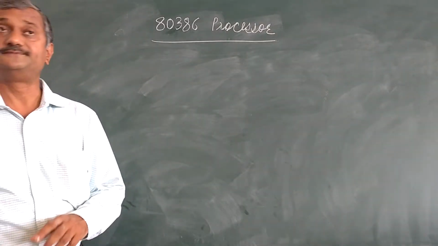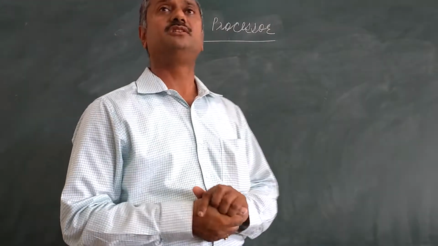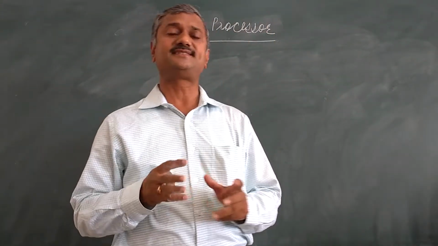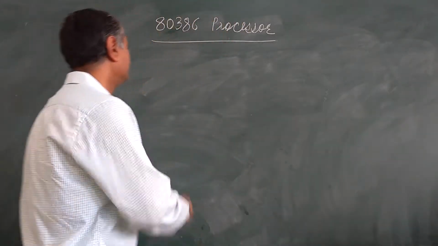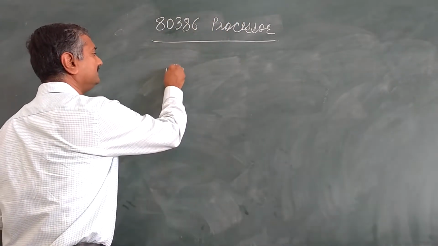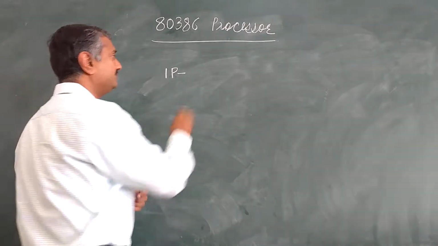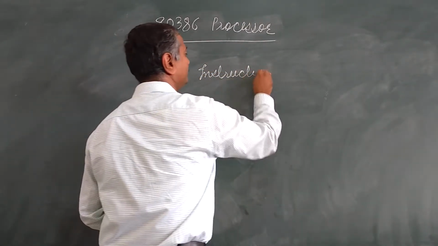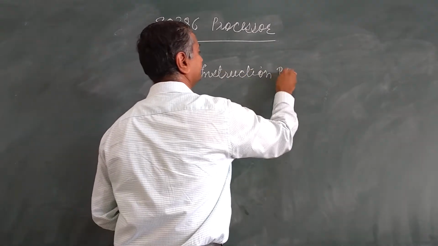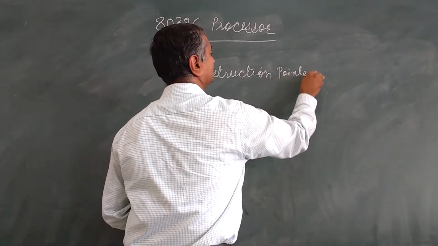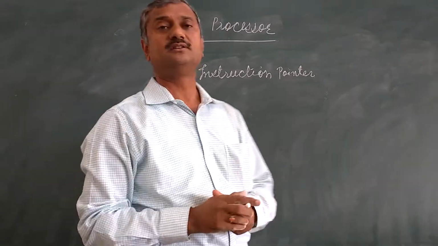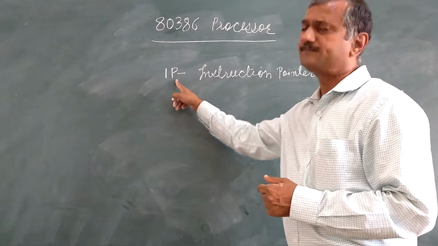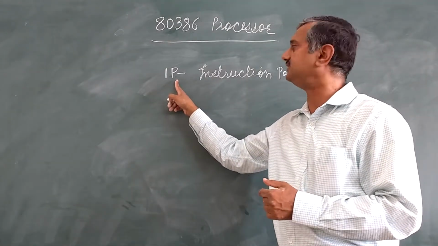As I told you, when your program is executed, it has to be sequenced. So there is one particular register known as IP, which stands for instruction pointer, that sequences the execution of the program. It is not a programmable register, it is used by the system internally.